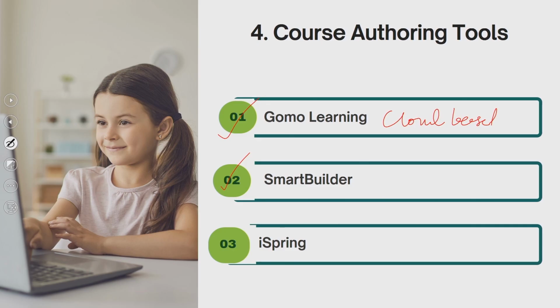If you look into Smart Builder, you will see that there are different facilities within the platform. You can drag and drop in the interface for creation of interactive elements through a user-friendly visual editor. It supports branching scenarios.